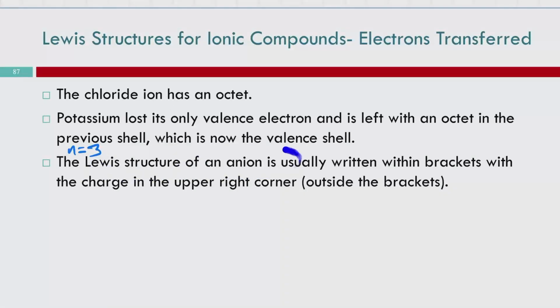And the Lewis structure of an anion is usually written within brackets with the charge in the upper right corner, like I did with the chlorine. I'll draw that in real quick again for us. Why do we have the brackets? Why does your house have fences, assuming you live in a property?